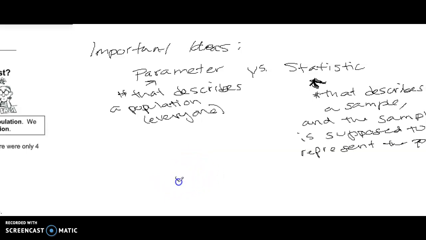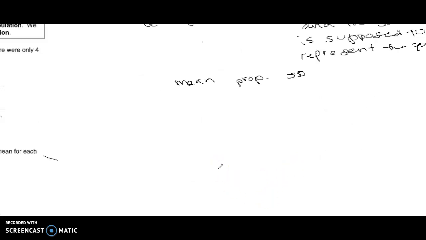So the symbols for mean, the symbol for our proportion, or the probability ratio, and the symbols for standard deviation are all different for the population and the parameter and the sample and the statistic.